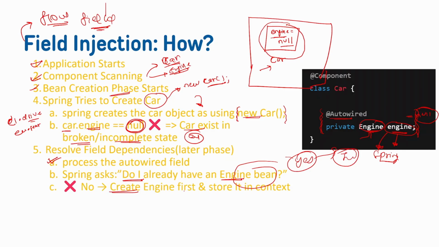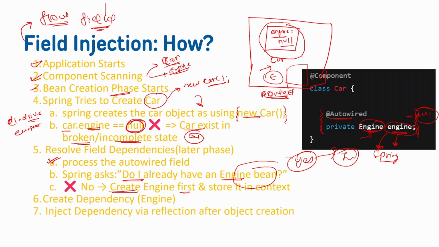First it will create the Engine and add it to the context, then create the Engine first and store it in the context, and then inject the dependency using reflection after the object creation. It injects the dependency into this field, and now the engine is not null and it points to the Engine.